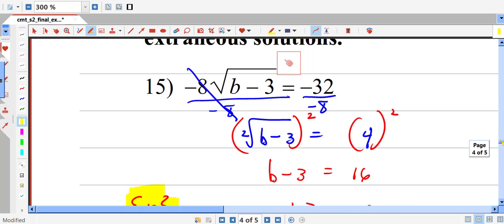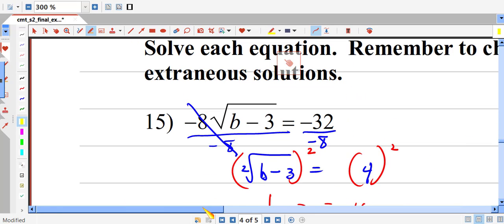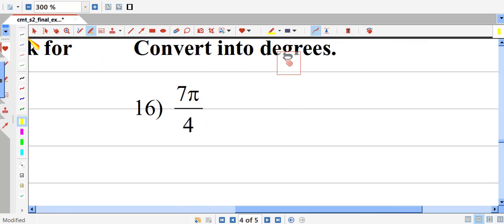So, yeah, that's the right answer if I check myself. Okay, so convert into degrees. I use the ratio that 2 pi radians is 360 degrees. Now I have two fractions I'm multiplying together. The pi's cross out.